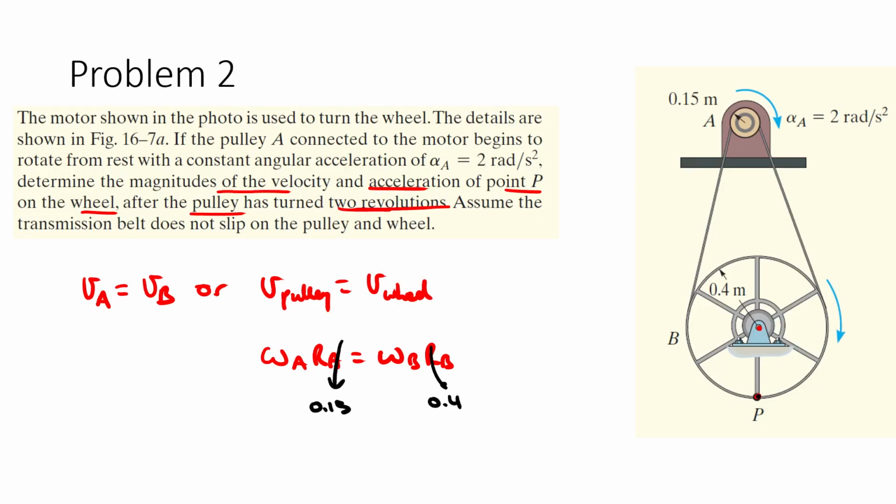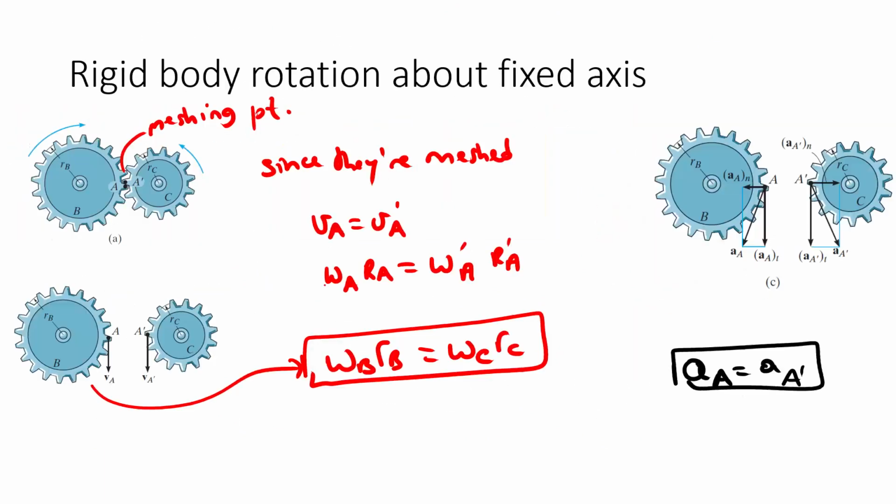For this one, we need to find the alpha. We said that the acceleration of A is the same as the acceleration of B, for the two gears. I should correct that: this should be the tangential acceleration, because the normal acceleration will be different. The coupled part is the tangential acceleration.